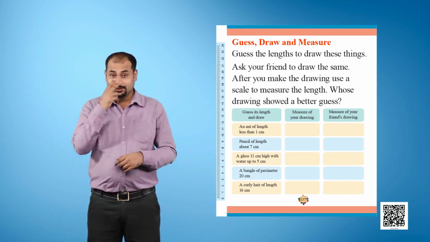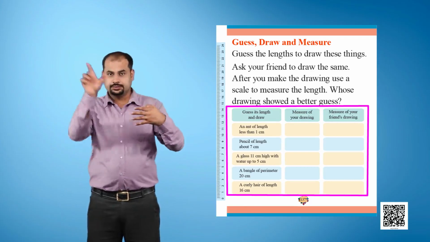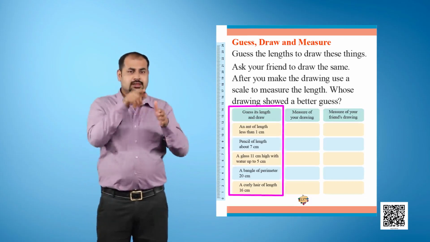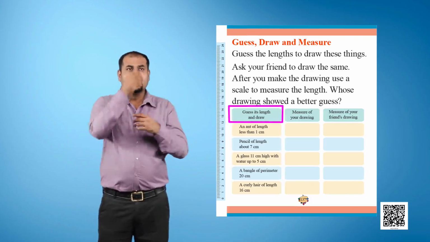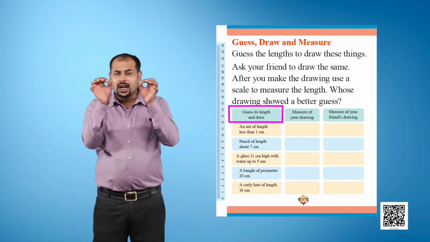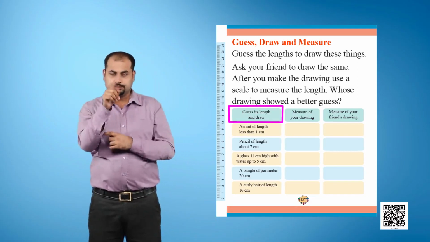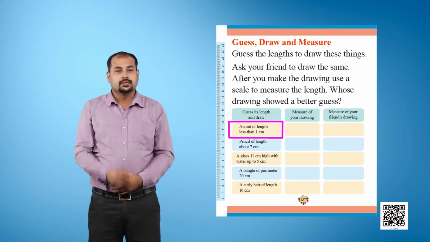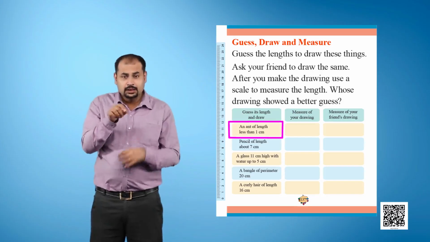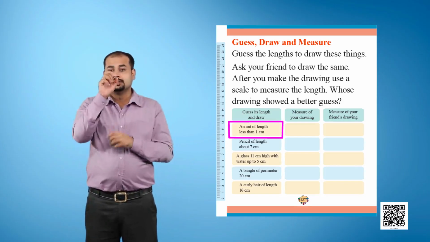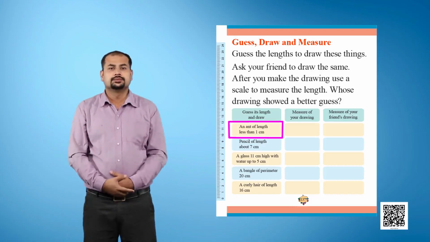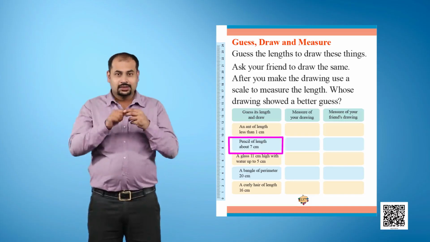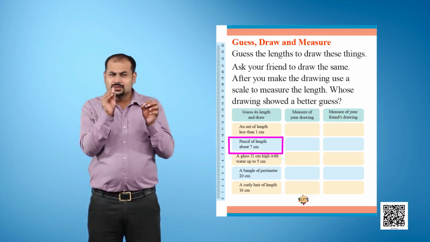We have a table of 3 columns. Column 1 heading is Guess its length and draw. Row 1 says an ant of length less than 1 centimeter. Row 2 says pencil of length about 7 centimeters.